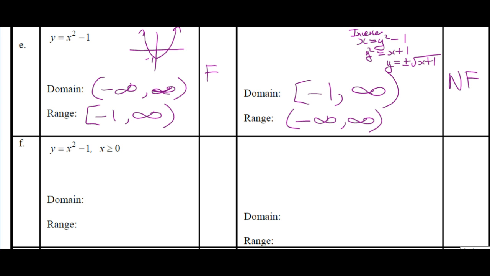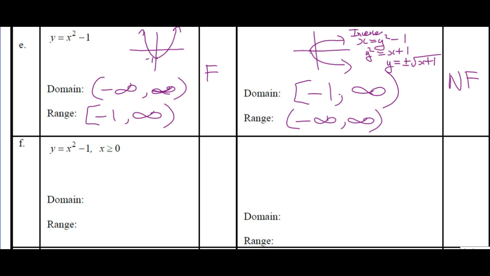So square root x is that sideways parabola, but then it's shifted which way? X is replaced by x plus 1. It's shifted left. So here I want to draw a sideways parabola, but I need to kick it left 1. That's 0, negative 1.